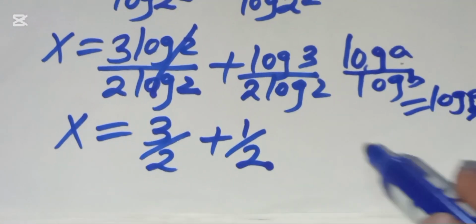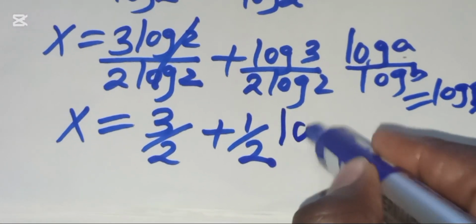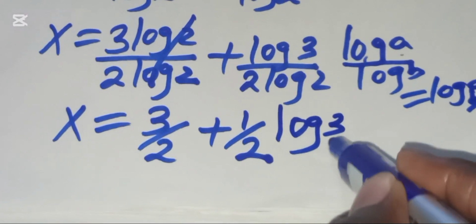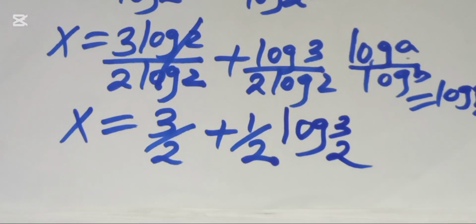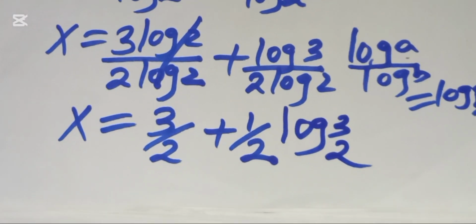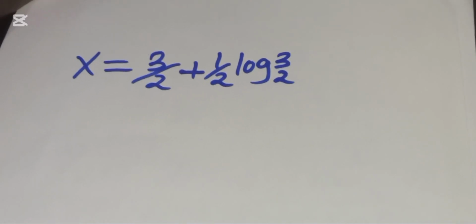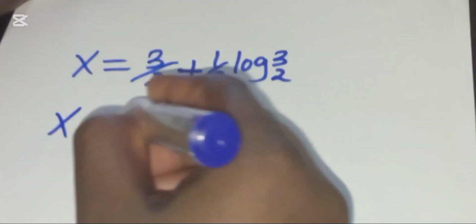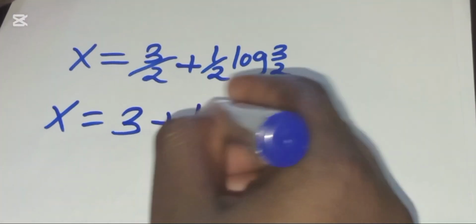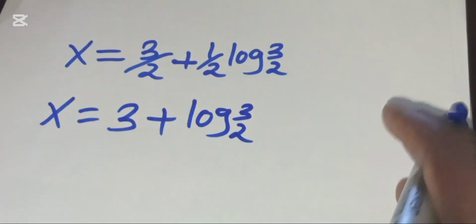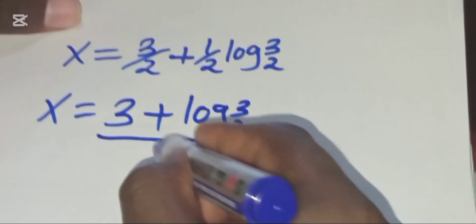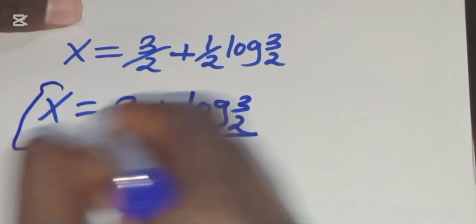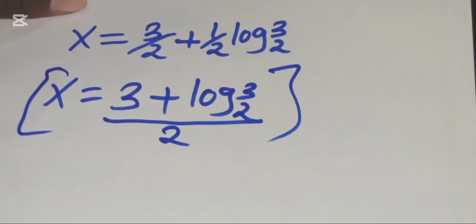Let us apply this property, so that we'll have log 3 to base 2. That means we can express the value of x as 3 plus log 3 to base 2, divided by 2. This is the value of x.